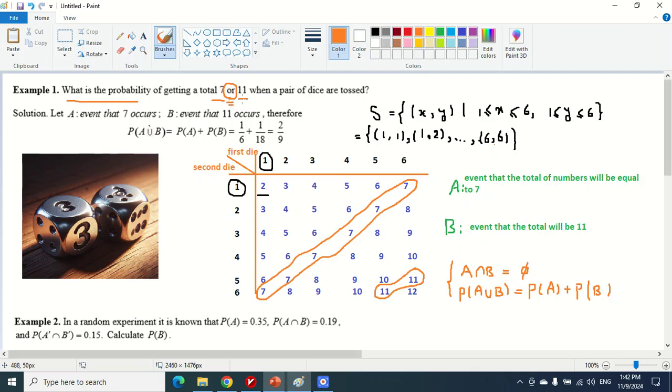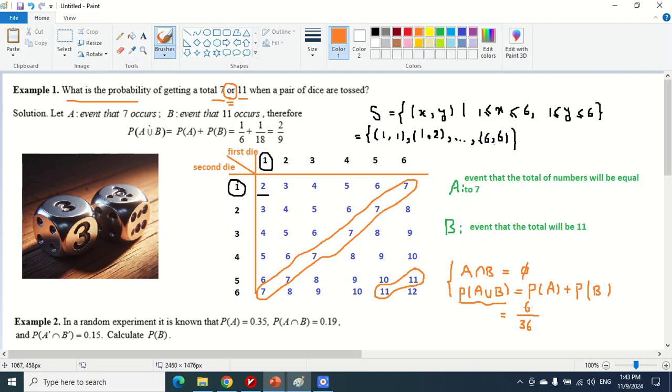When I say "or 11", it means I'm looking for the probability of their union, the probability of A union B, and it's going to be the probability of A plus the probability of B. I should calculate the cases where the addition of the numbers is 7 and divide that value by the total cases. The total elements of the sample space is 36, and the cases where the sum is 7 is equal to 6.